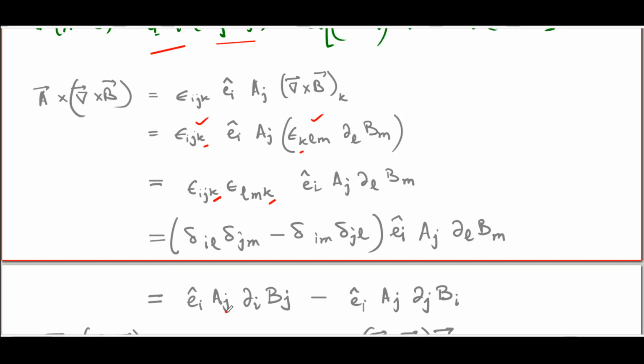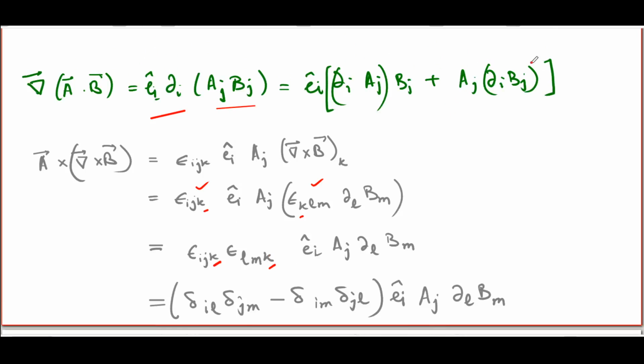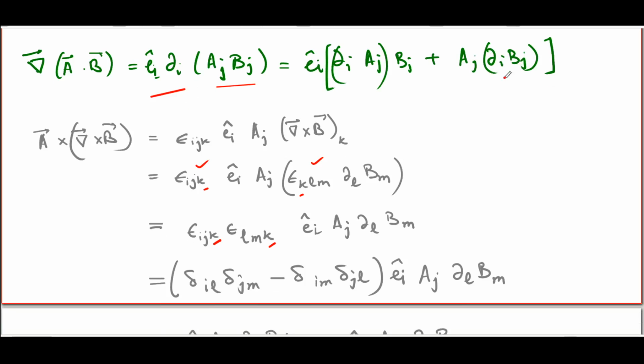So EI AJ del I BJ, this term which we had there, we can now see. Of course, the problem is we have also got this term which wasn't there before, and we have another term which essentially is the same term with the A and B interchanged. But that should really give us a hint as to how to proceed.